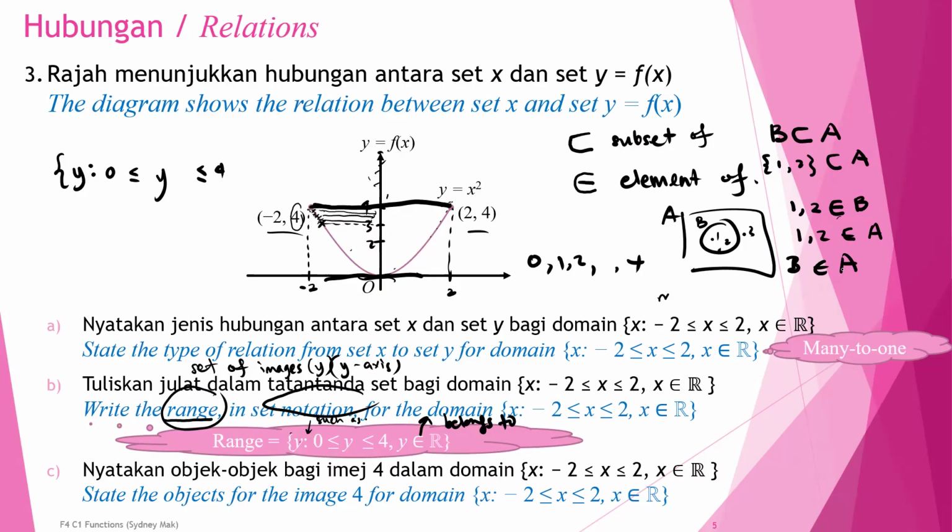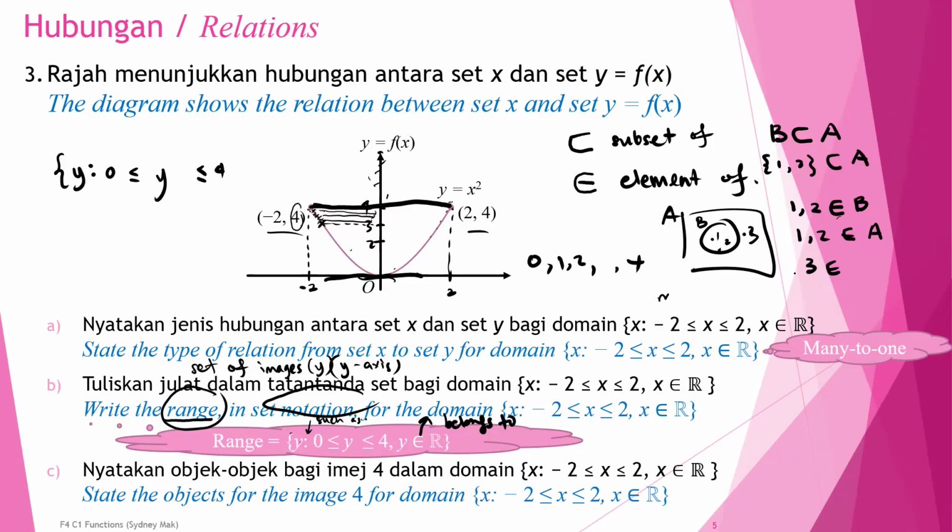Which one? Three is the element of what? 3 is the element of B. 3 is the element of B, but 3 is not inside B.